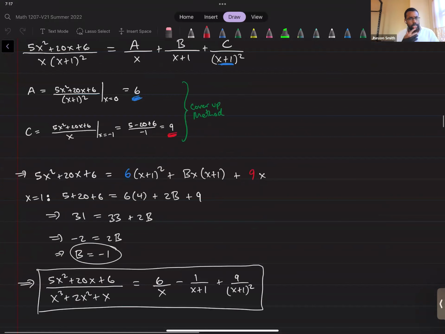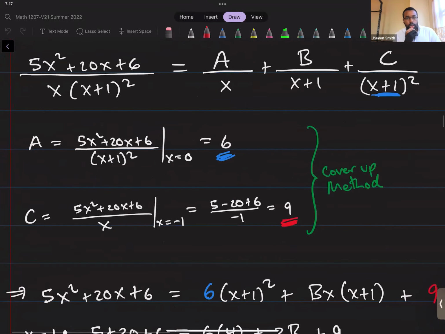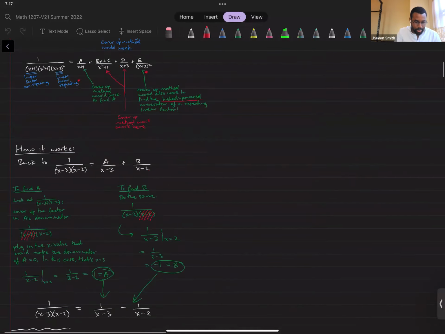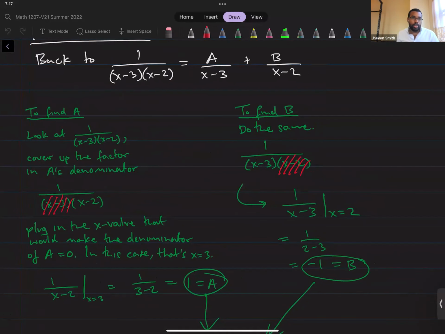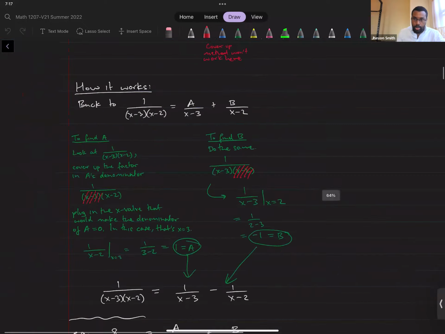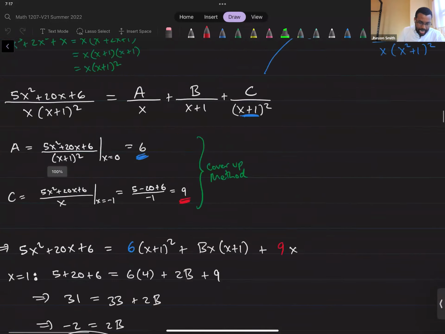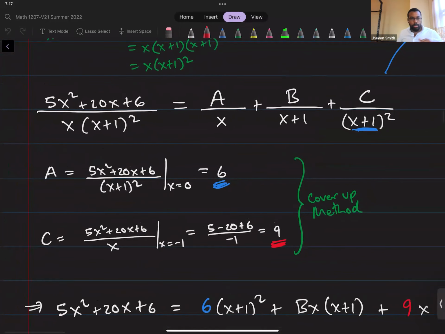I did get a question in the chat about how I got the A and the C. So in this situation, I got that from the cover-up method, which I actually taught you guys earlier today. I know it probably hasn't sunk in yet, but this is essentially the method, right? Where I covered up what was in the denominator and I plug in. So the question was, how did I know what to plug in to find the A? Well, I use the cover-up method.